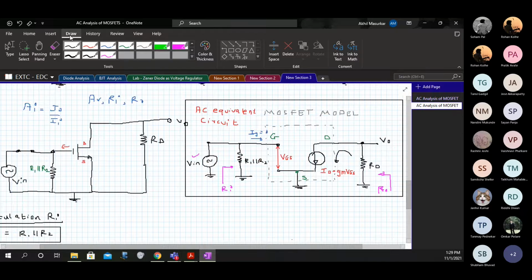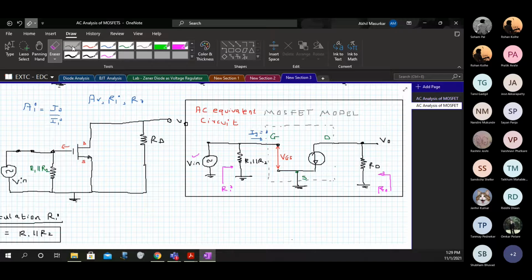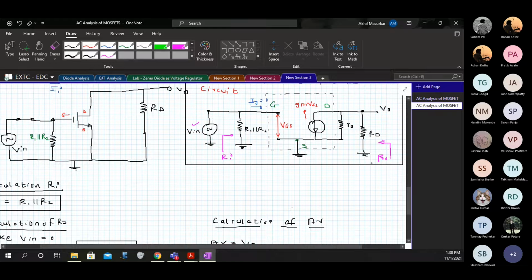Then in that case, in this model, we get one more term here, that is R0, and this was the same GMVGS. And now you are adding a term on the output side.